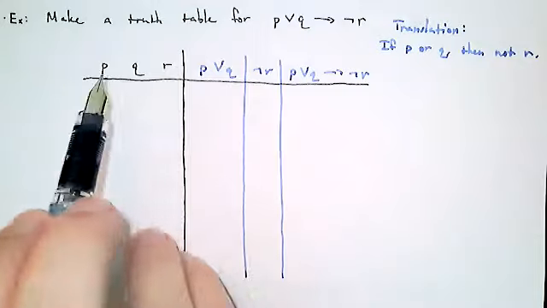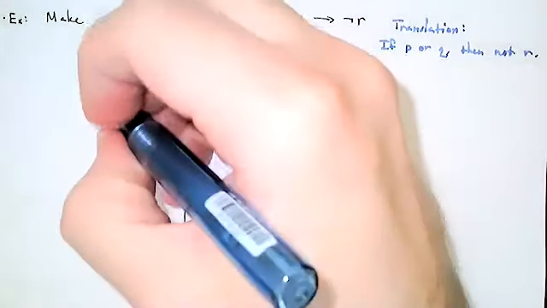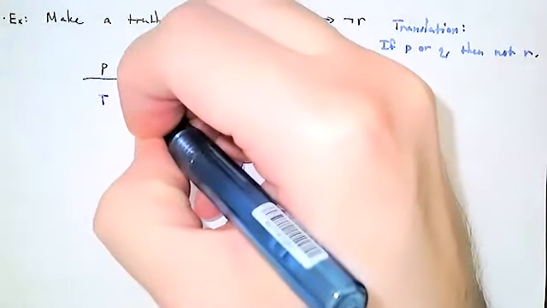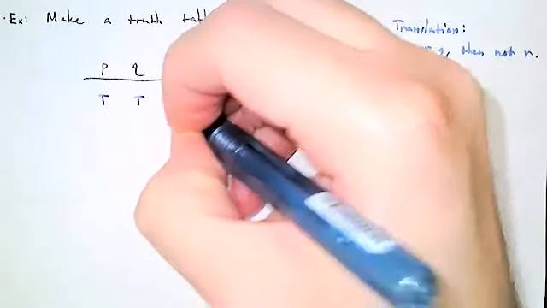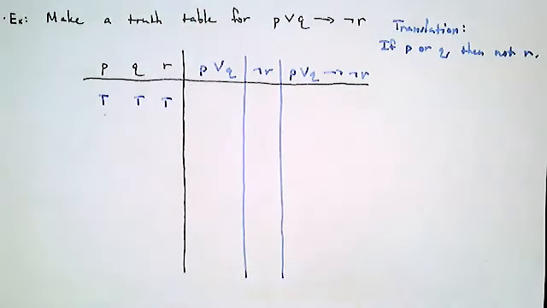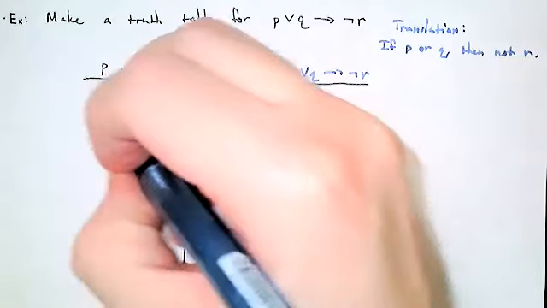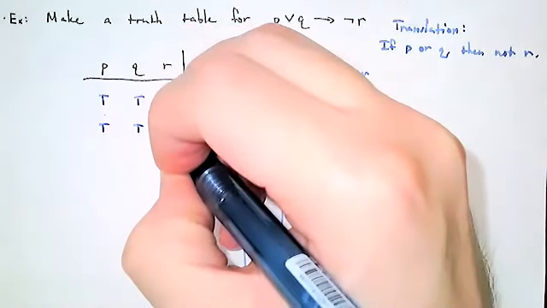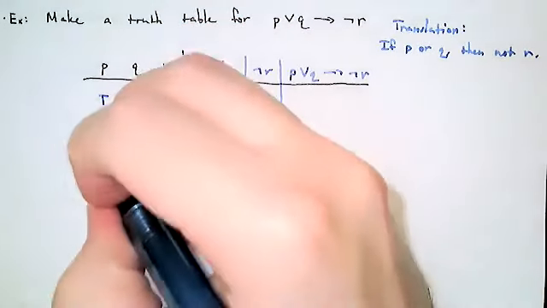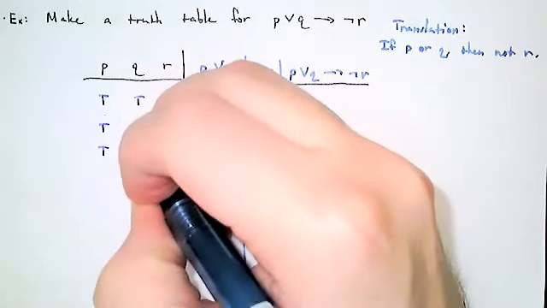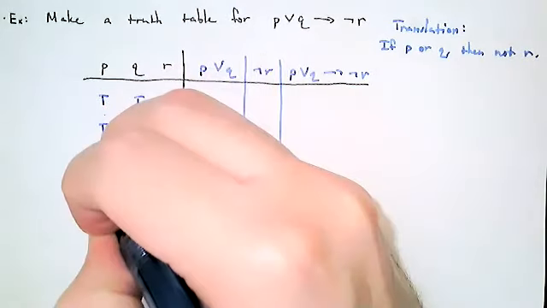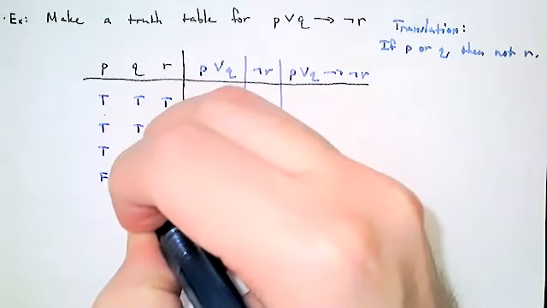With 3 simple propositions, we're going to have 8 possible combinations of truth values. So let me fill these in really quick. True, true, true, true, true, false, true, false, true, false, true, true.